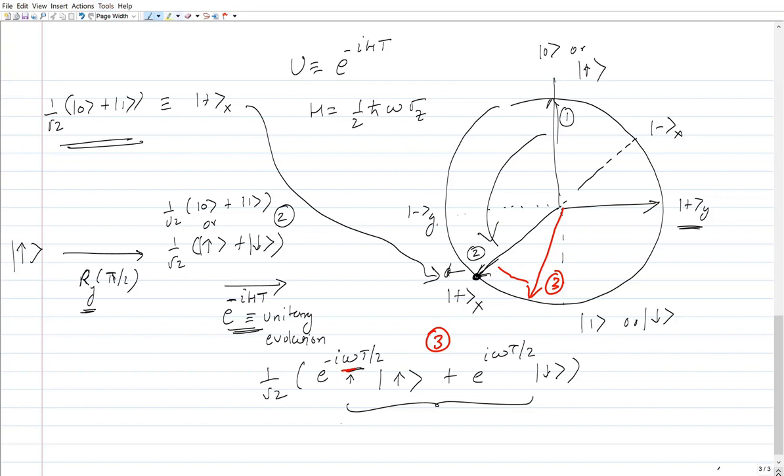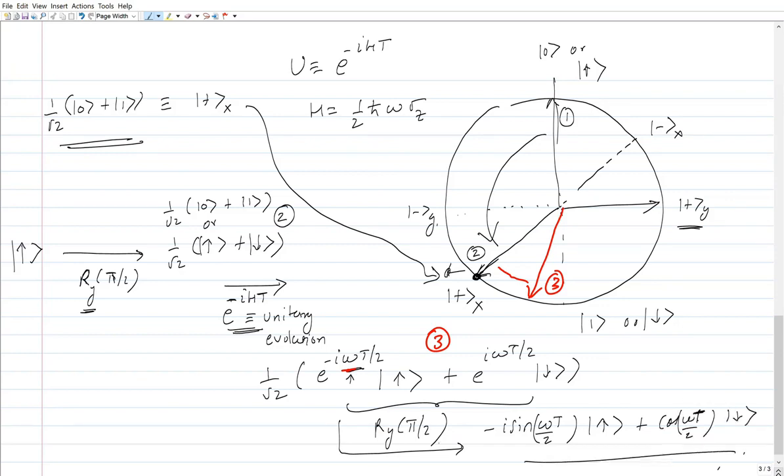Now all I need to do is find a way to extract this information. For that, I give it another rotation about the y-axis by pi by 2 so that it flips over. So what do I get? You can just try it offline, but the answer I get is minus i sine omega t by 2 up plus cosine omega t by 2 down state.